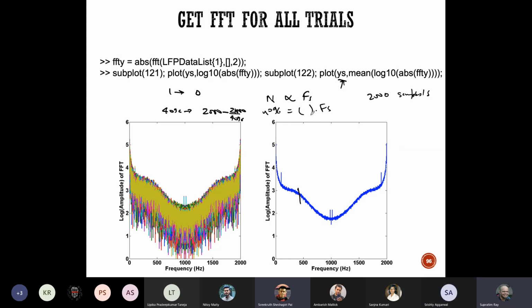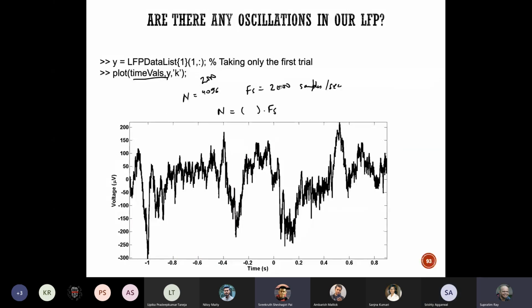So if I end up getting 4096 samples, then what is the duration for which I am sampling the signal? It's N by fs, right? So this term here is just the duration of the signal in seconds.